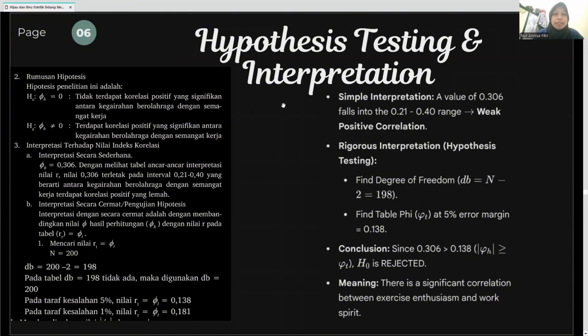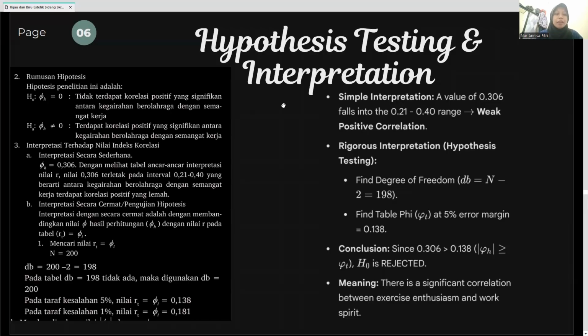Okay, now the hypothesis testing and interpretation. We have the number, so what does it actually mean in the real world? The book provides two ways to interpret this number. The first one is the simple interpretation.